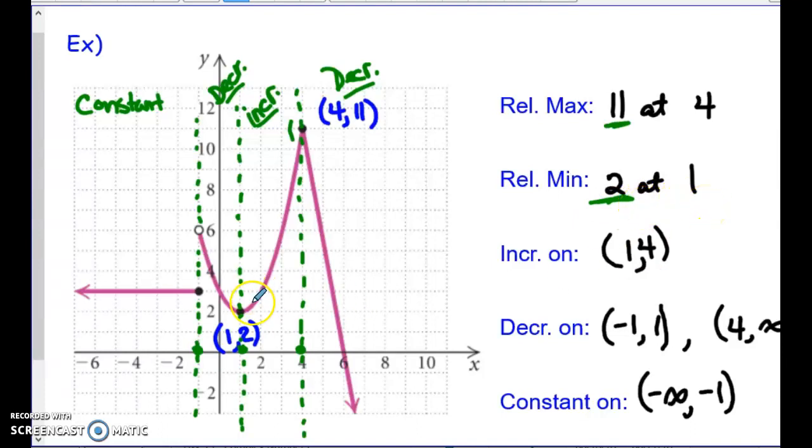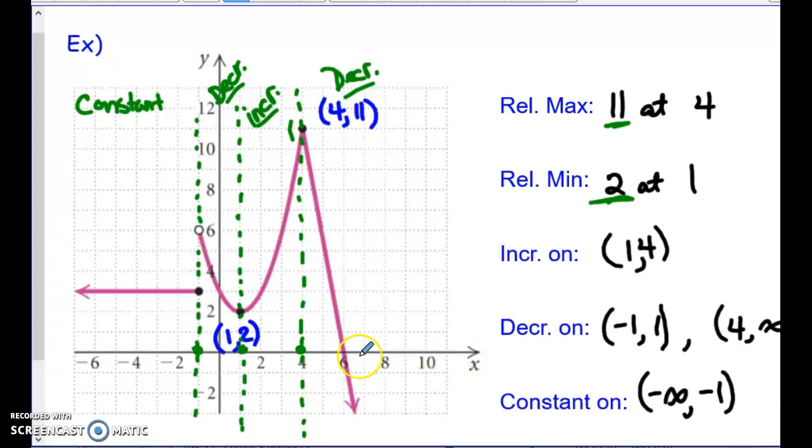Okay, increasing this time, we just have one section of increase. It goes from here to here, but I'm not reading the y values. Remember, I'm saying from what x to what x, so from 1 to 4. Decrease, we had two sections. The second section here starts at -1, goes up to +1, and then we hop over. Then again, starting at 4, and this time I'm going to go 4 to infinity.